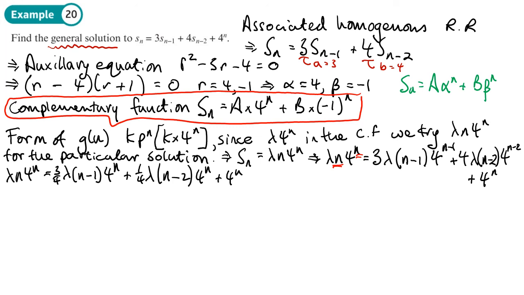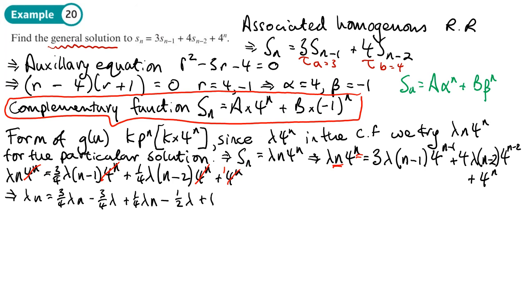Next thing we can do is divide everything by 4 to the power n, so that just becomes the number 1. Then we'll expand the brackets. So lambda n equals 3/4 lambda n minus 3/4 lambda, plus a quarter lambda n minus, a quarter times 2 is a half, so minus a half lambda, plus 1.